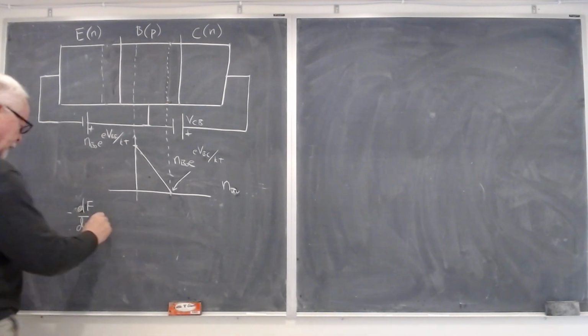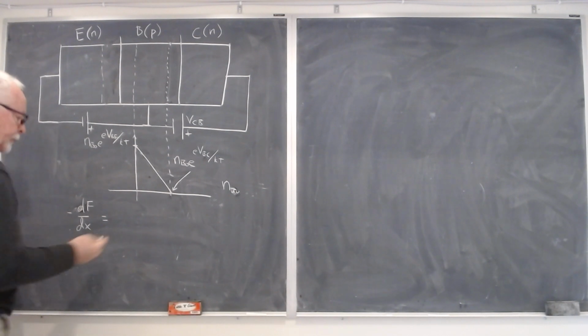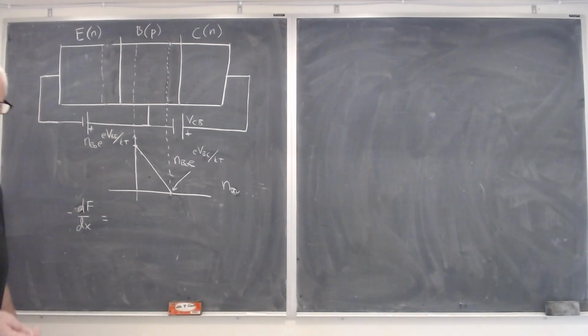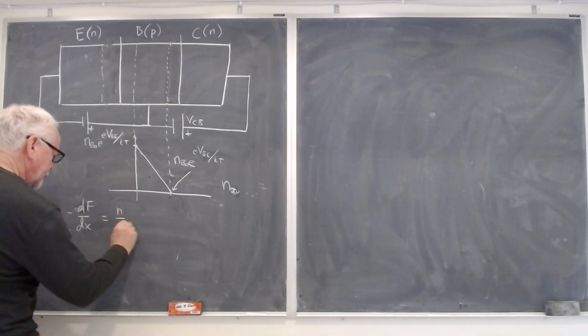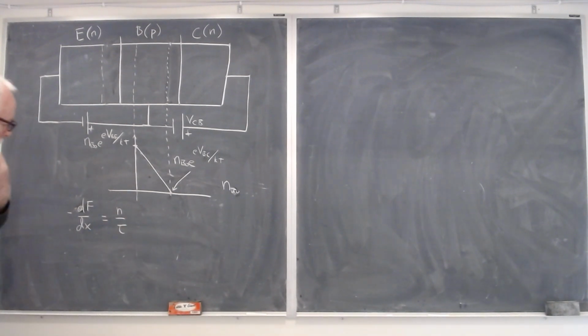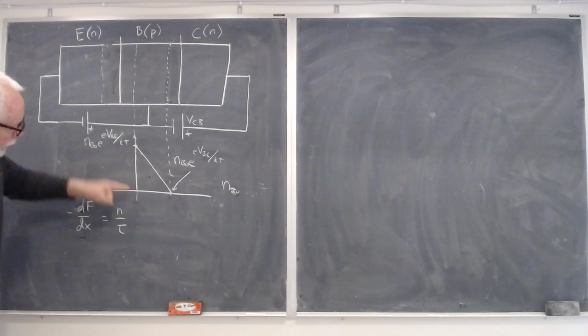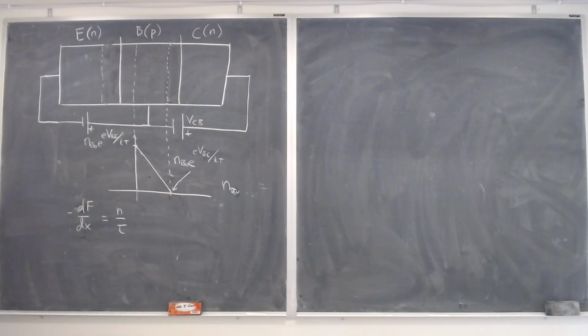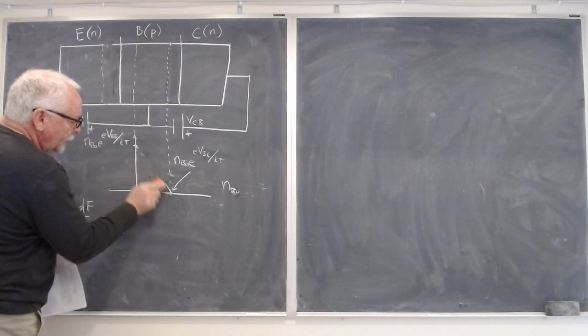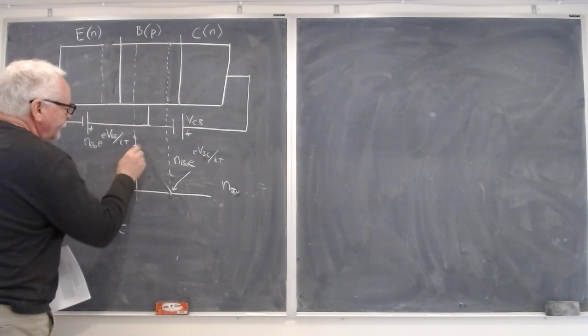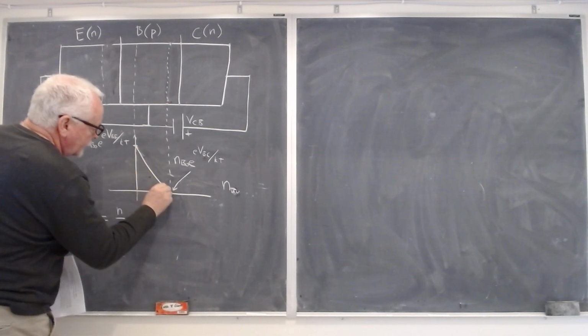What you've learned is that that's equal to the disappearance rate of carriers, which is n over the recombination time. So as you move through x, the flux changes. What that has to mean is that this thing is not exactly straight; it has a very, very slight curvature to it.